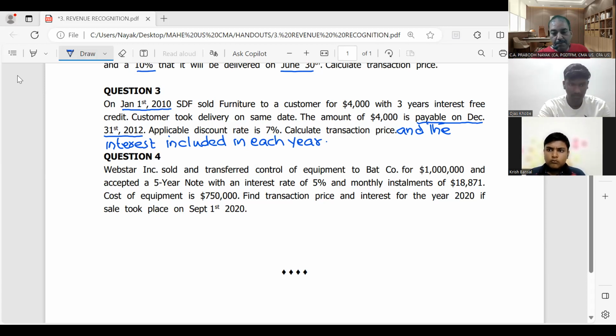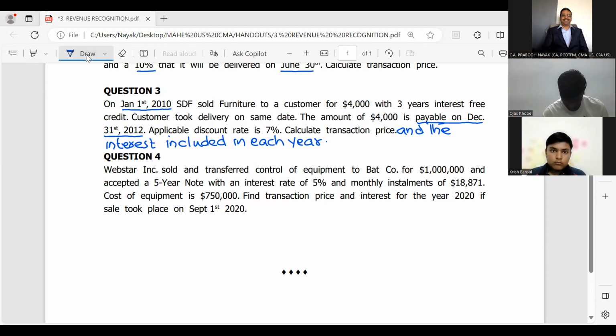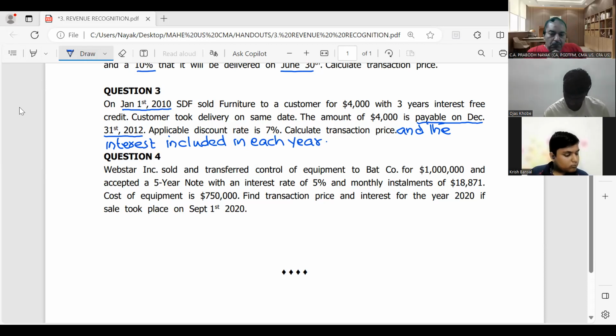No, that is also not correct. One more. Sir, the transaction price will be 783,526.16. That is also not correct.